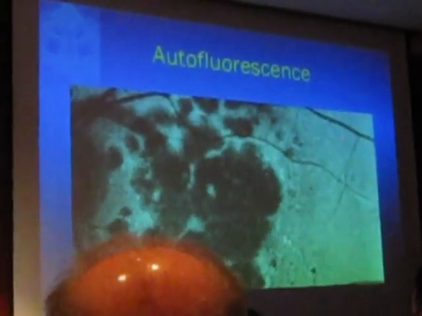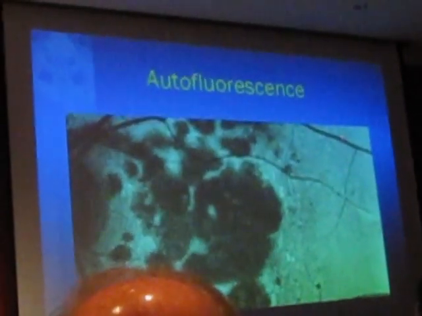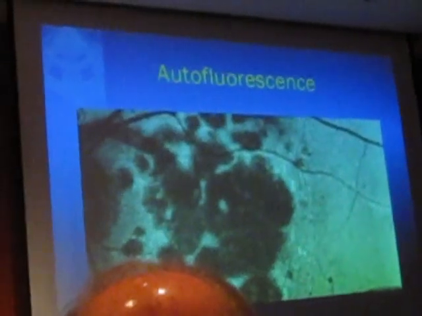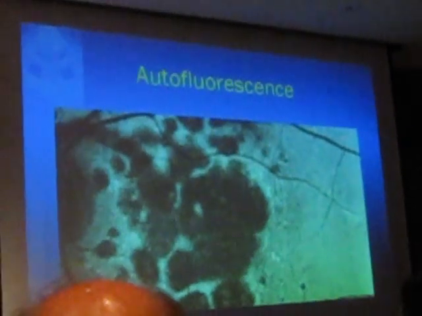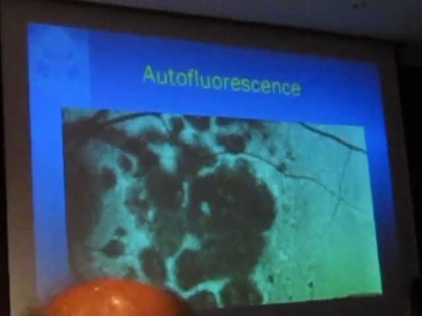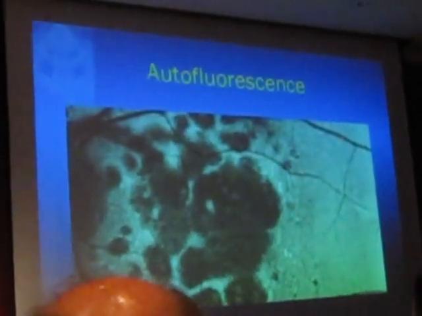We also have another more functional way of imaging the retinal pigment epithelium called autofluorescence imaging. And what autofluorescence imaging does is it turns out that one of the metabolic products of the visual cycle contribute, or many of them, but one in particular contributes to an autofluorescence signal.